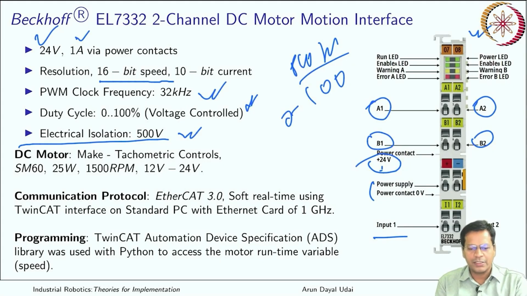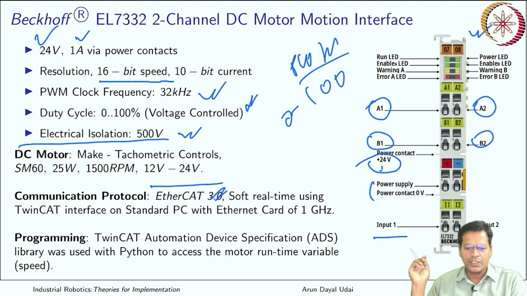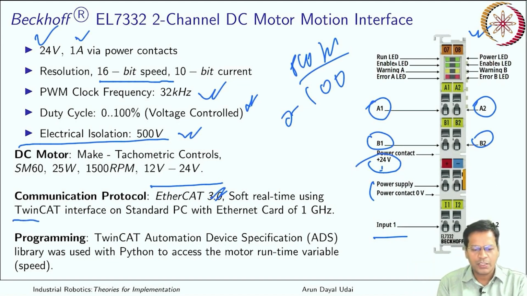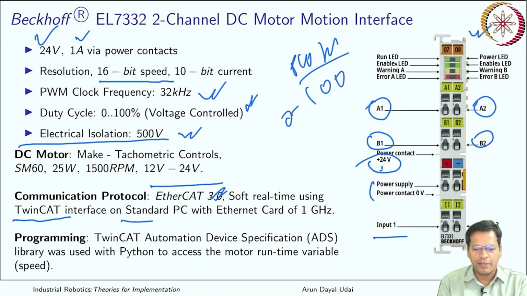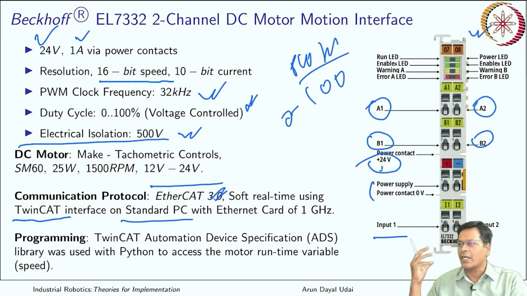The communication protocol that I have used over here to drive this kind of driver is EtherCAT, right? EtherCAT, not 3.0. That is the communication interface. For soft real time, I have used the TwinCAT 3.0 interface on a standard PC. So TwinCAT is a proprietary software layer over a standard Windows PC that allows you to do some real-time communication.